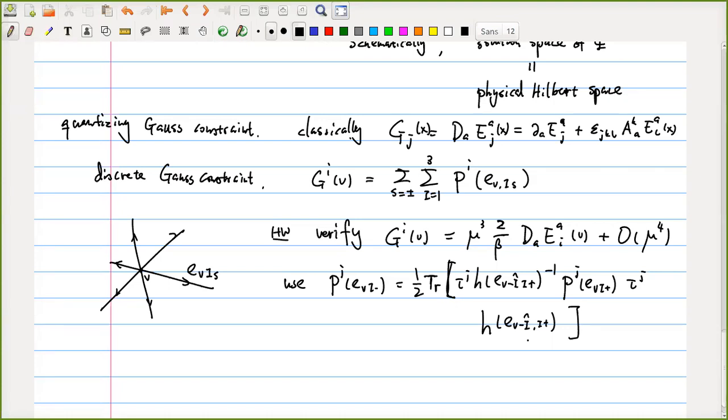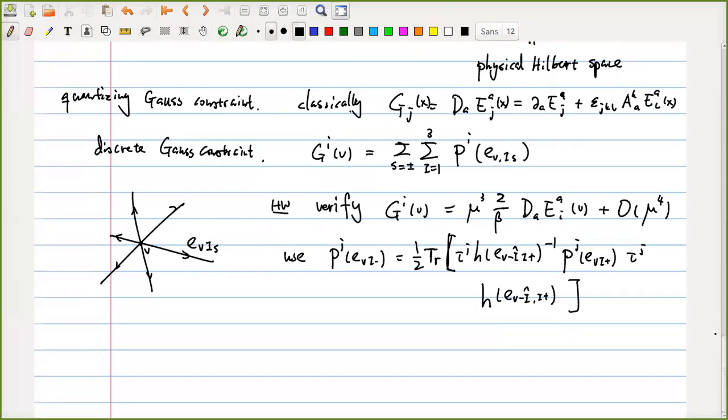All right. So this is the discretized Gauss constraint, and the Gauss constraint equals 0. This is usually called the closure condition.